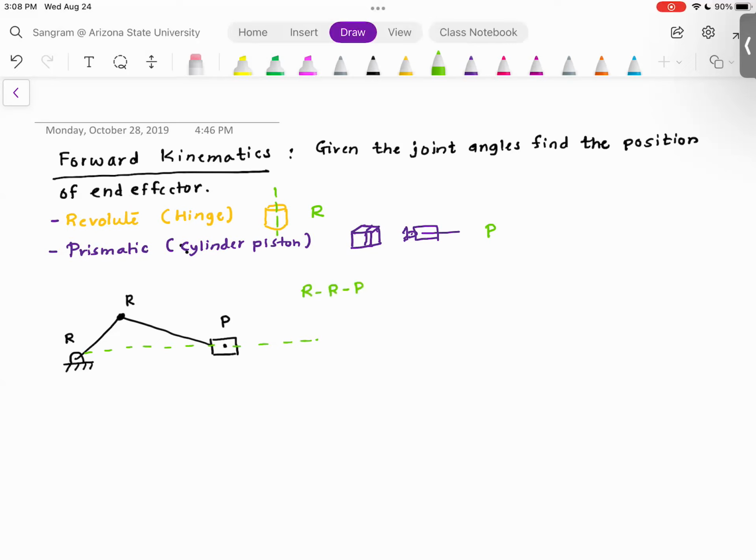Now, the most important thing for a robot is this concept of mechanism. Now, what is a mechanism? Mechanism is the soul of the machine. So behind every machine, there is a mechanism.